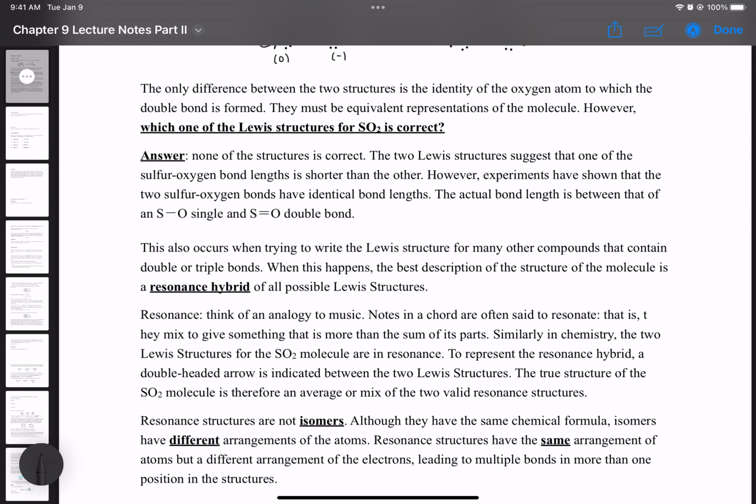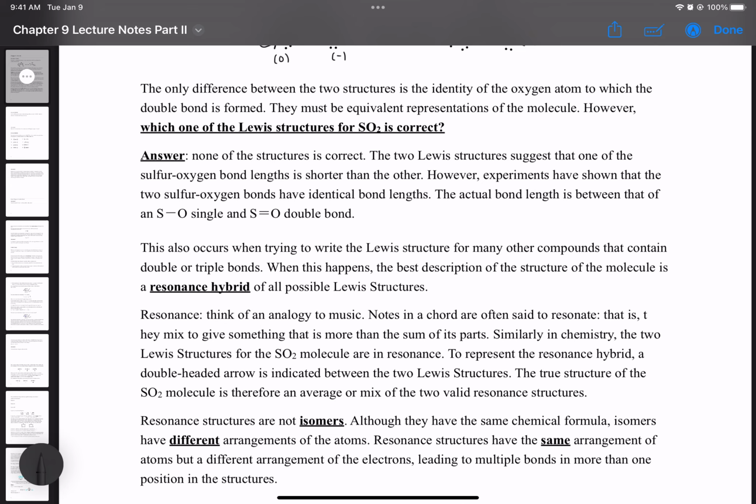Okay? So what I like to do is think of it kind of like music. If we have notes in a chord, they often resonate when you strike two notes in a single chord. More simply, they mix to give something that is more than just the addition of their parts.